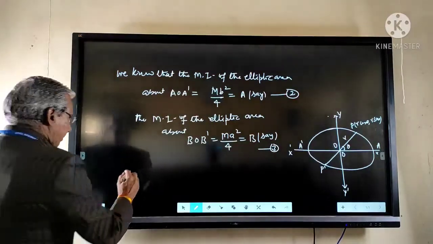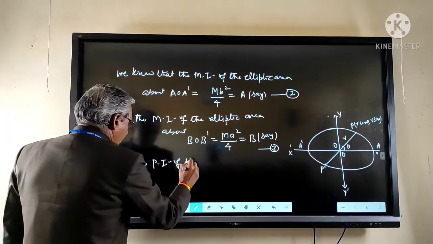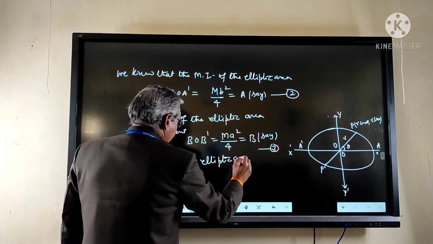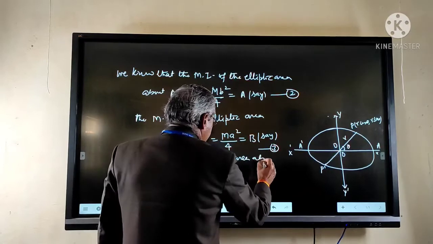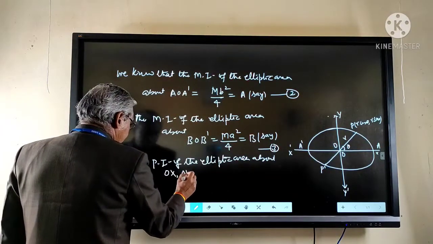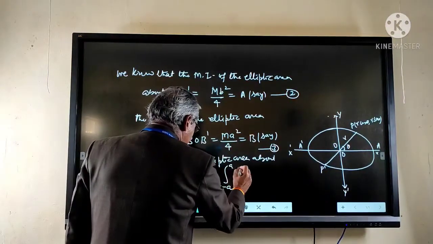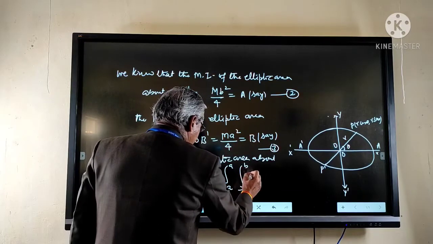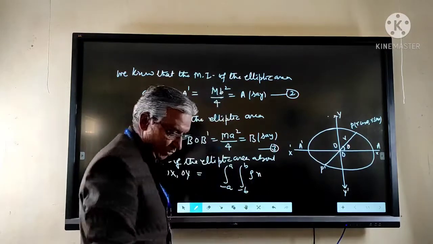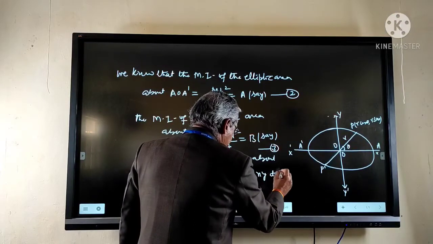Now the product of inertia of the elliptical area about OX, OY equals, this is minus A to A and this is minus B to B, rho x y dx dy.